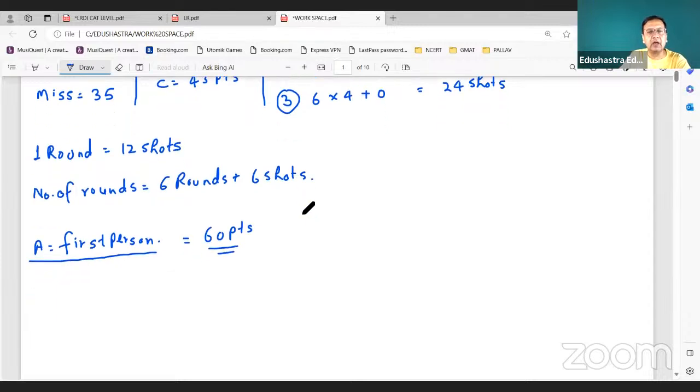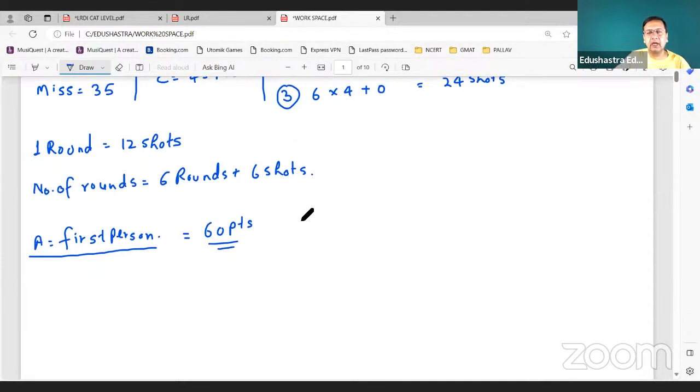Done. Now, see this. Out of this 60 points, if I assume all the 35 missed targets are missed by B and C only, not by A, right?